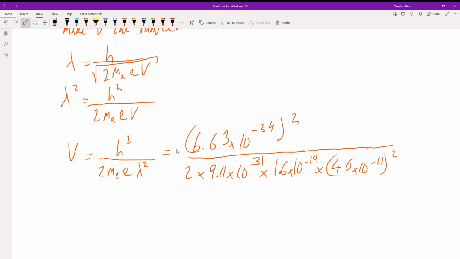I like to do the rearrangement first and put values in. I know some other people like to put the numbers in, then do the rearrangement. Either way is fine as long as you get to the answer.